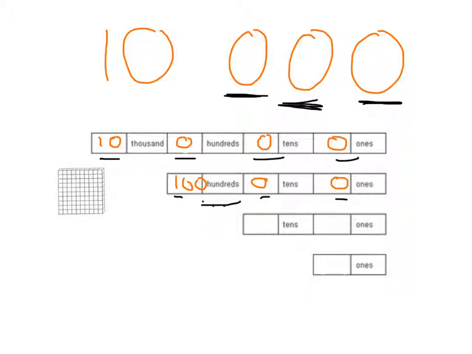We would need 1,000 tens blocks to represent 10,000. All right, and let's have a look at ones. How many ones would we need? How many ones are in 10,000? That's right. There are 10,000 ones in 10,000.